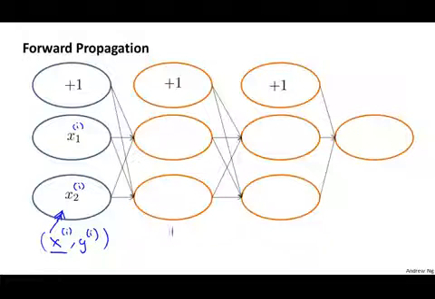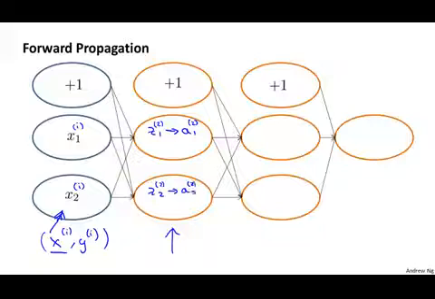When we forward propagate to the first hidden layer, we compute z^(2)_1 and z^(2)_2, which are the weighted sums of the inputs of the input units. Then we apply the sigmoid or logistic activation function to the z values, which gives us these activation values, a^(2)_1 and a^(2)_2.